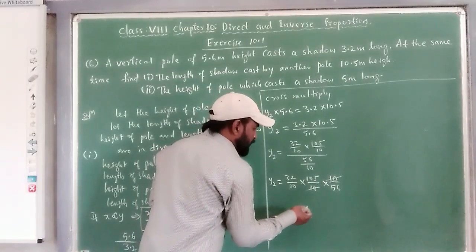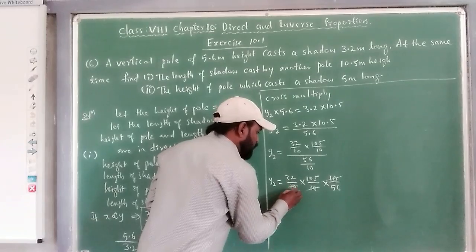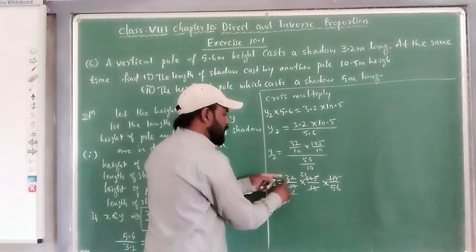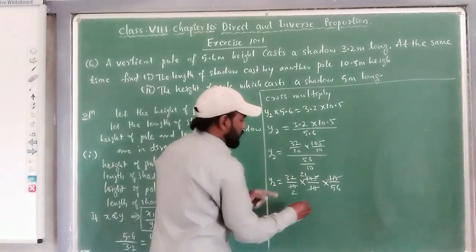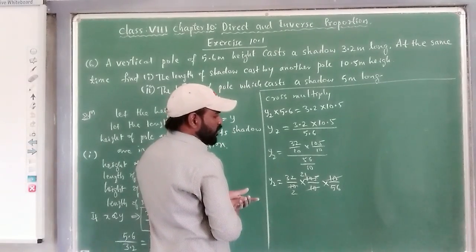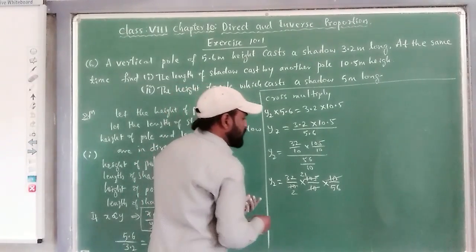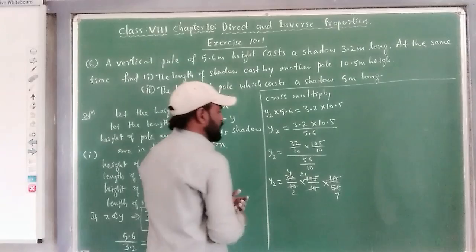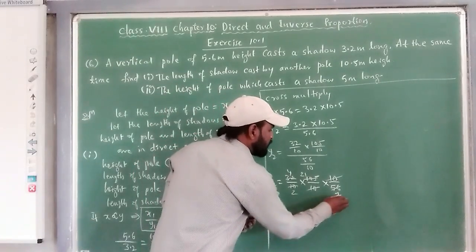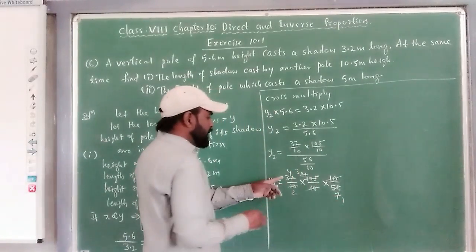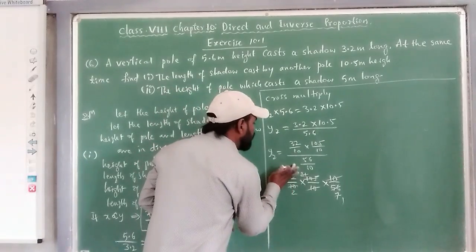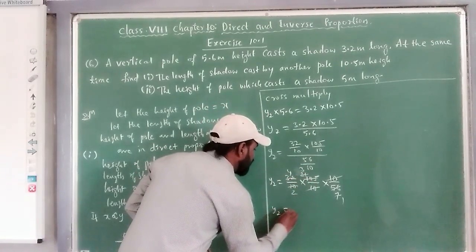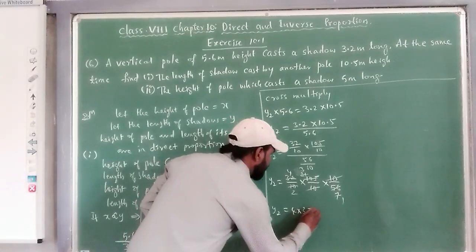Here the 5 table: 5 2s are 10, 5 1s are 5. Again, you can cancel with the 8 table: 7 8s are 56, 8 4s are 32. Again 7 1s are 7, 7 3s are 21. Remaining is 4 into 3. So y2 is equal to 4 into 3, that is 12.